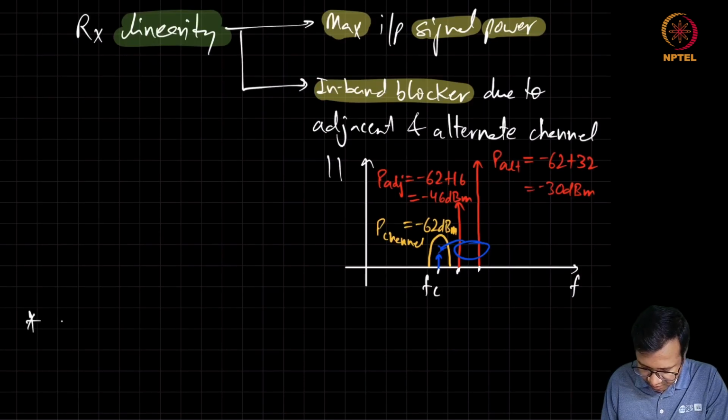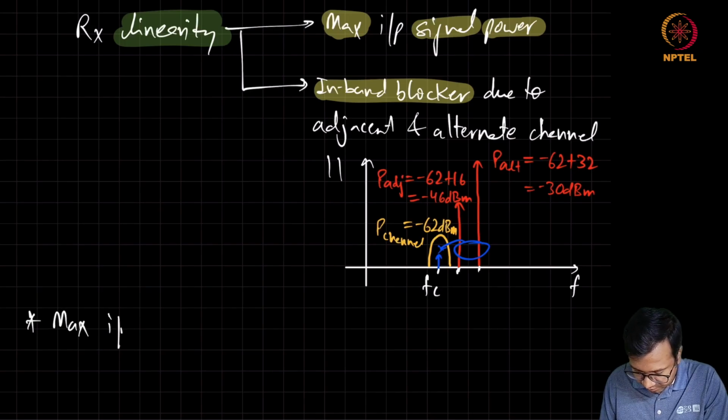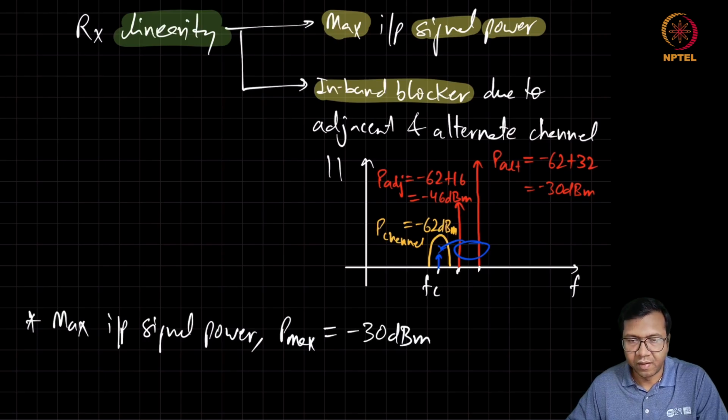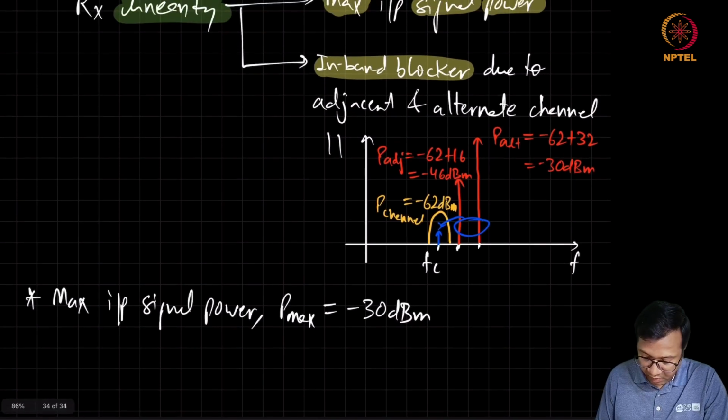So let's take the case for the maximum input signal power. So the spec says we need to handle minus 30 dBm maximum average power at the input. And for the data rate which we are looking at, you'll find that the peak to average power ratio of the input signal is going to be around 9 dB.